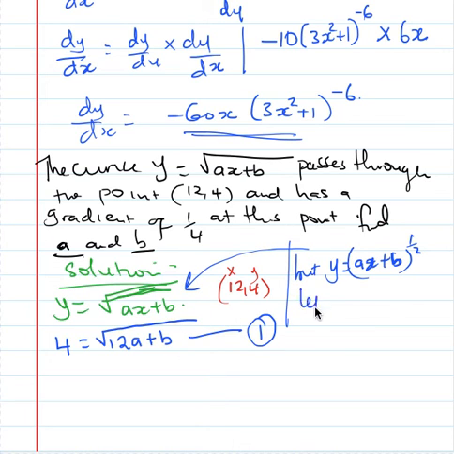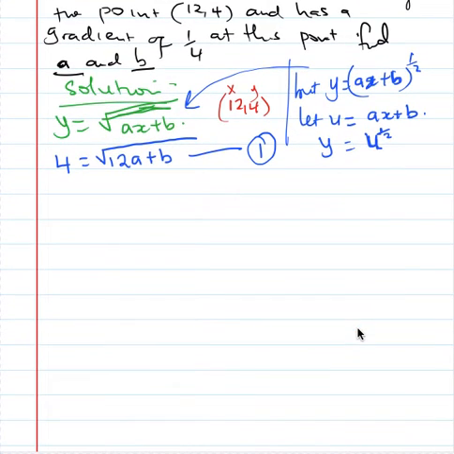So let u equal ax plus b, you understand? And that means that y will be u to the power of a half. Let's leave equation 1 here and first deal with this part.